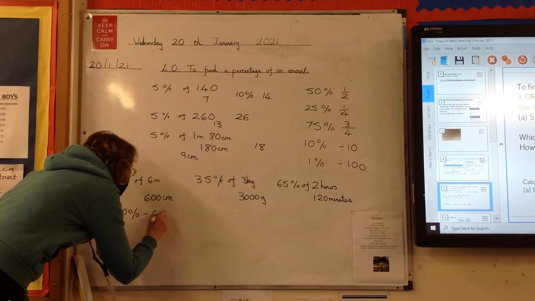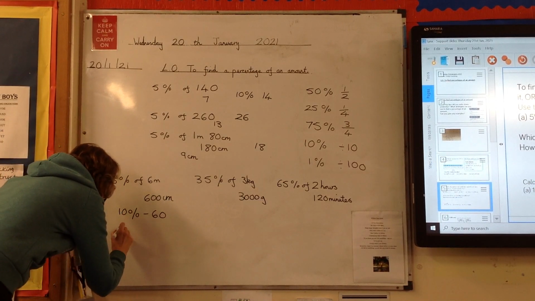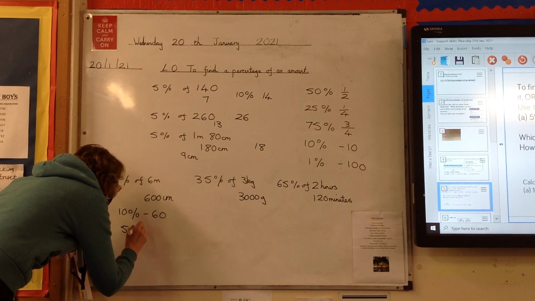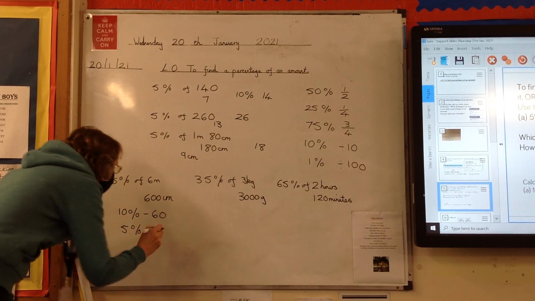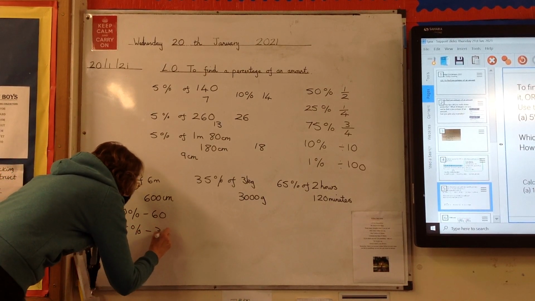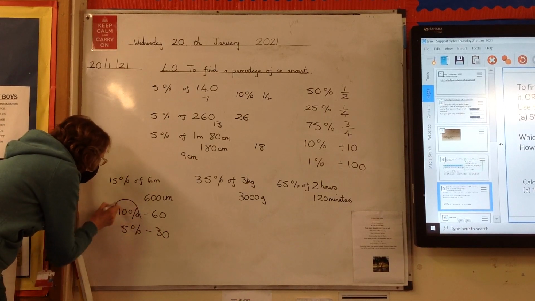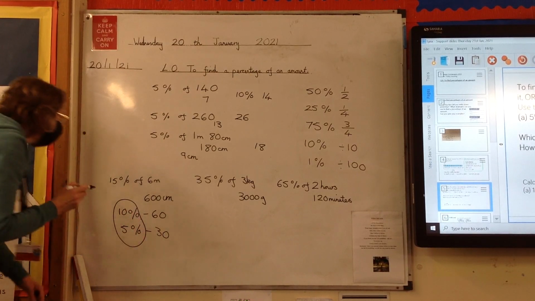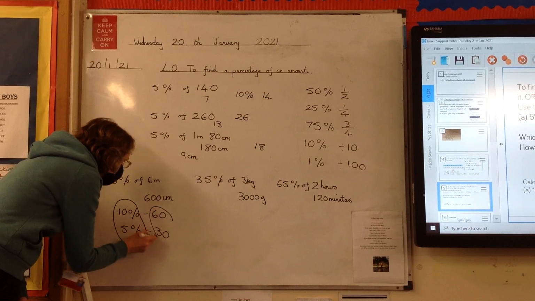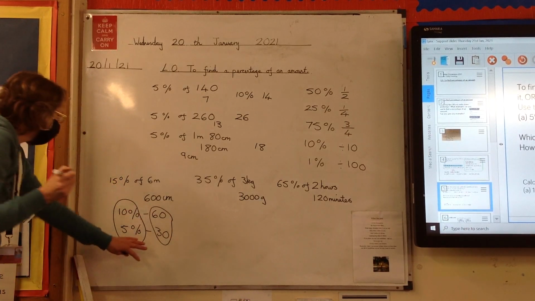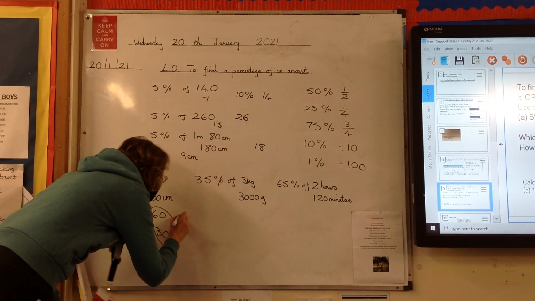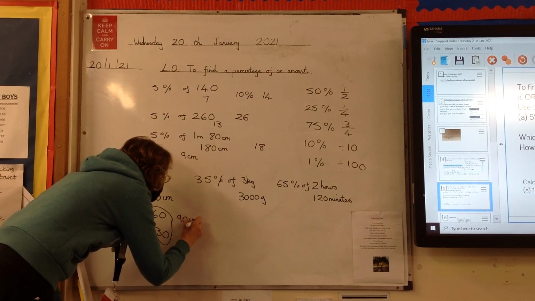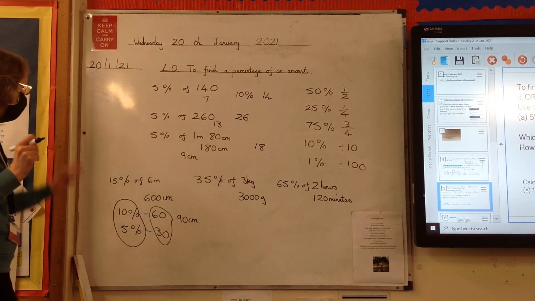Good. Right. And from that, I can work out 5%, because that's half, which will be 30. If I put together my 10% and 5%, it makes 15%. So if I put together my answers, I would get 90 centimetres. Good. Okay, so use what you know.